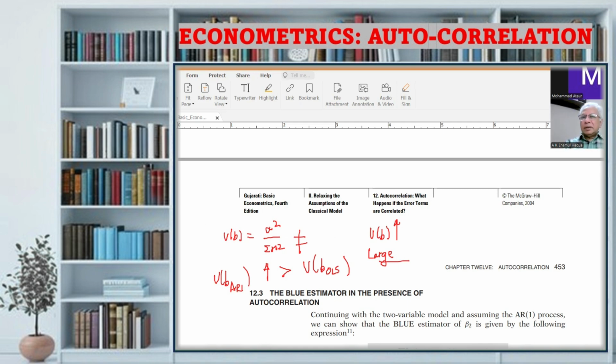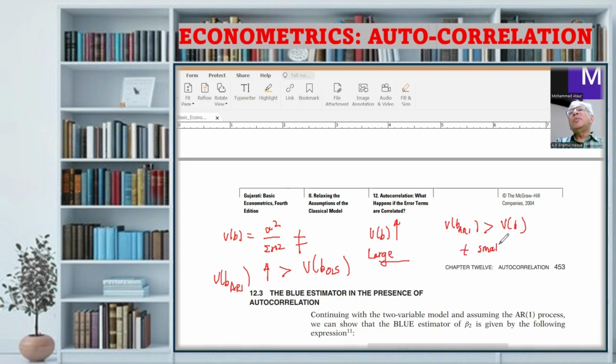Coming back, we now realize that the variance under OLS, just like what we did in heteroscedasticity, is also large. If the variance of B under autocorrelation is larger than the variance of B under standard circumstances, that basically means the t value becomes small.